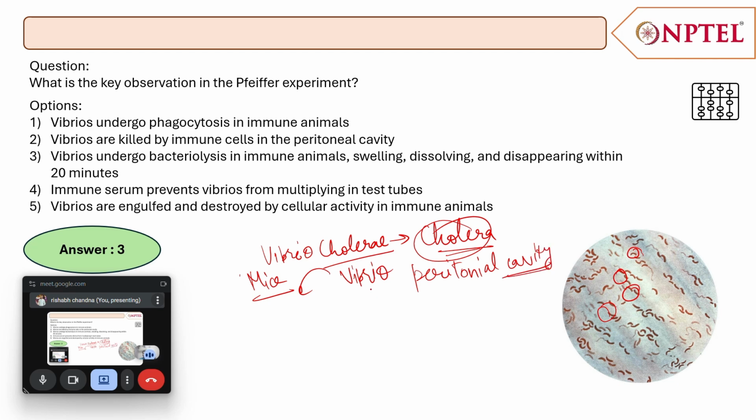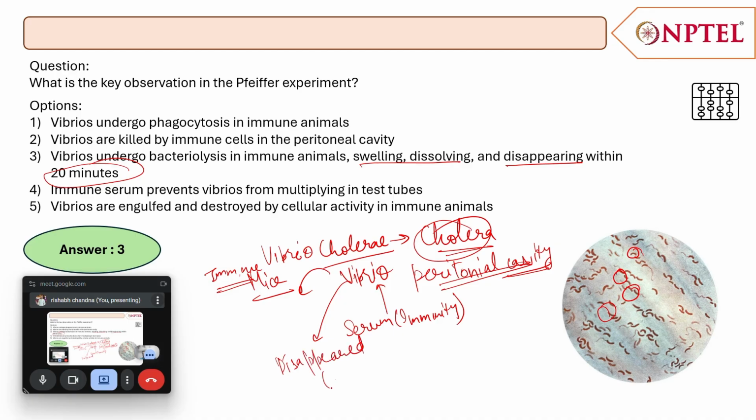Because they had immunity, the serum or the immunity actually helped destroy these Vibrio by swelling them, dissolving them, and making them disappear within 20 minutes after injection. So already immune mice that had immunity against Vibrio cholerae, when Vibrio was injected in the peritoneal cavity, these Vibrio disappeared within 20 minutes.